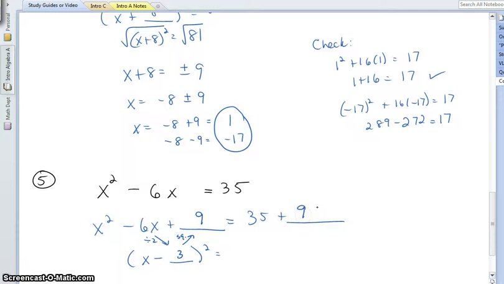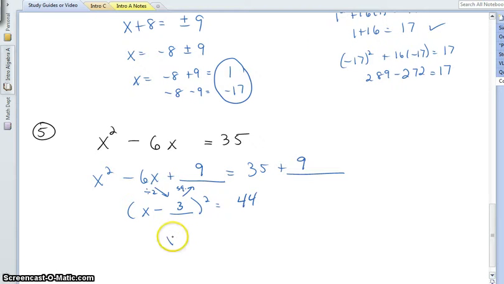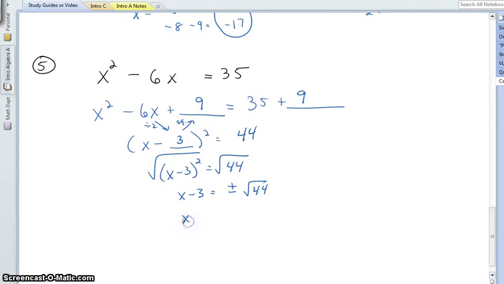So if I add 9 to both sides, 35 plus 9 is 44. So I have x minus 3 squared equals 44. I take the square root of both sides. So it's x minus 3 equals plus or minus square root of 44. I can simplify that. So it's x minus 3 equals plus or minus square root of 4 times the square root of 11.